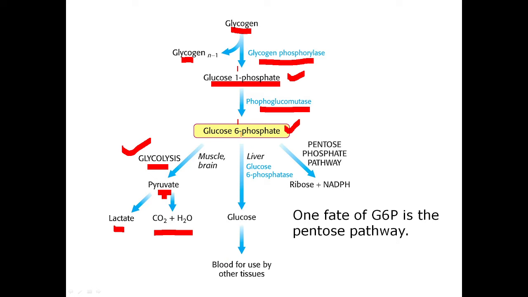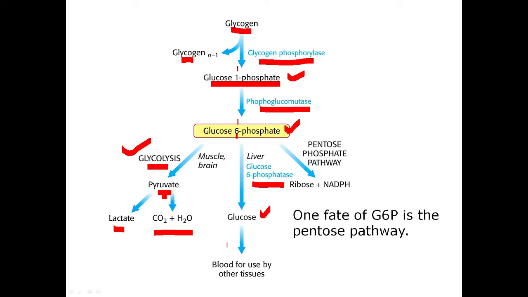Next, what can happen with this glucose 6-phosphate? The liver has the enzyme glucose 6-phosphatase. If this enzyme is present, the phosphate group gets removed, and we get glucose from glucose 6-phosphate, which can be used in the blood by other tissues.